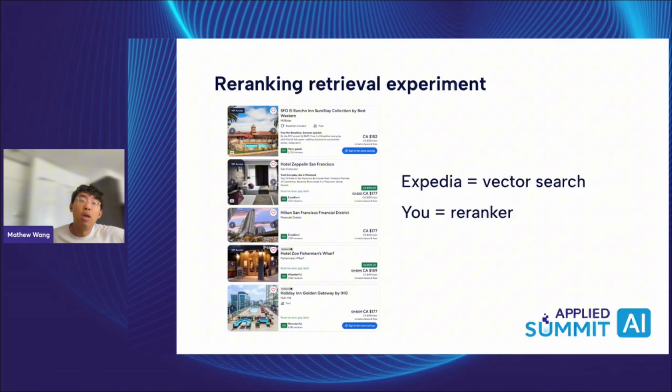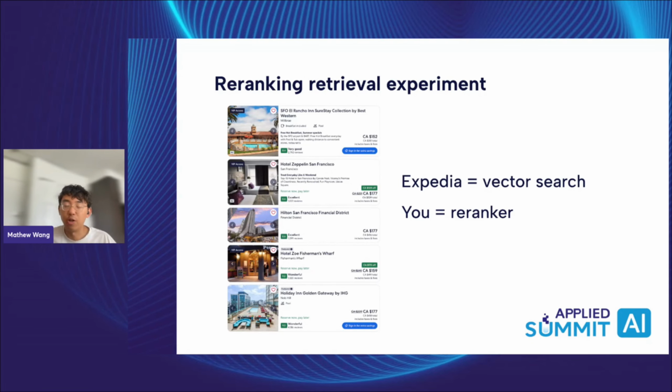And to use an analogy to really solidify the intuition, imagine you're trying to plan a trip and you're trying to find a couple of hotels that you want to share with your group. You go on Expedia, you search for hotels, you look at the top results, and then you choose 3 that you share with your group. So Expedia, in this case, is like vector search because it's extremely fast.